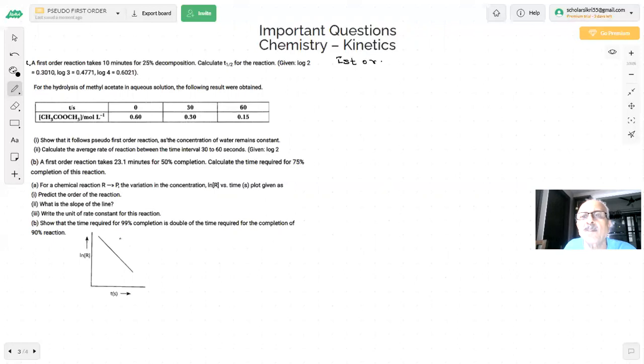This is a first order reaction. For a first order reaction, what is the formula? We already know: kt is equal to 2.303 log of R0 by Rt, where R goes to P. We derived this formula for the first order. Now R0 is the initial concentration and Rt is the concentration at time t.